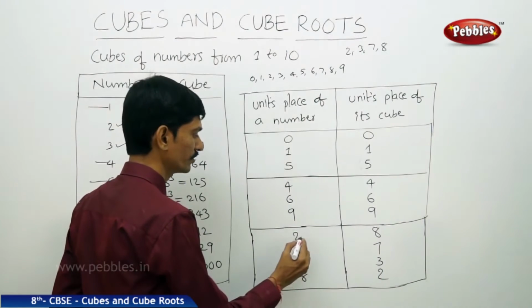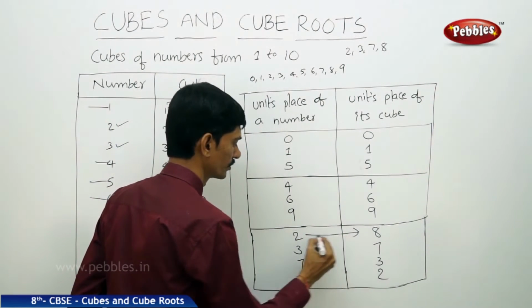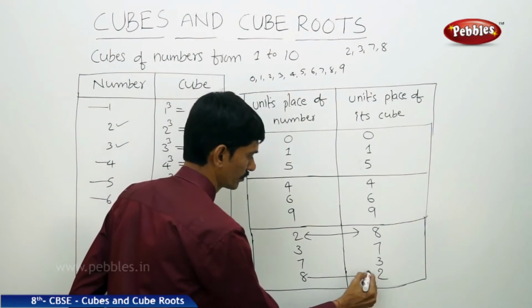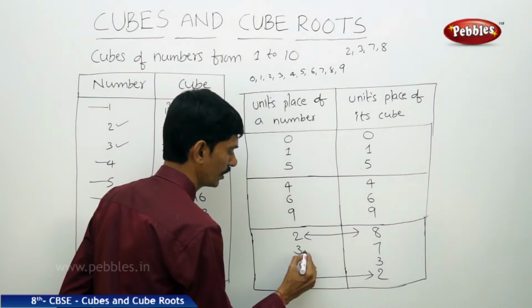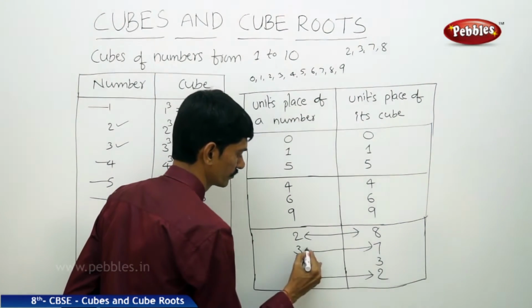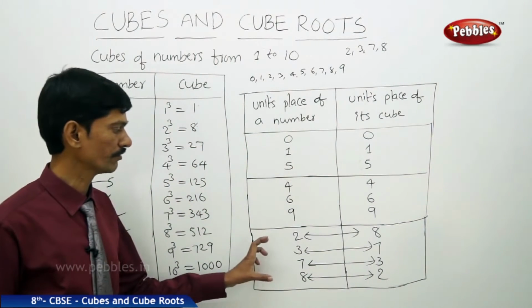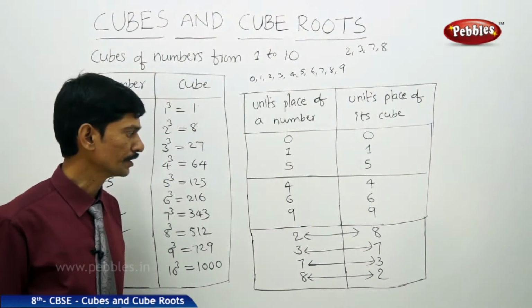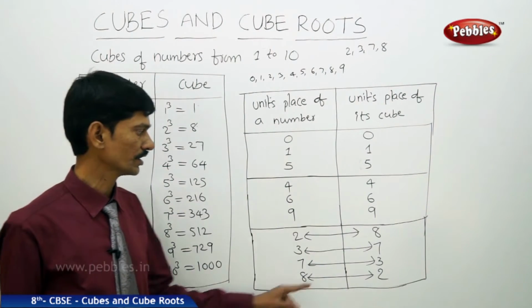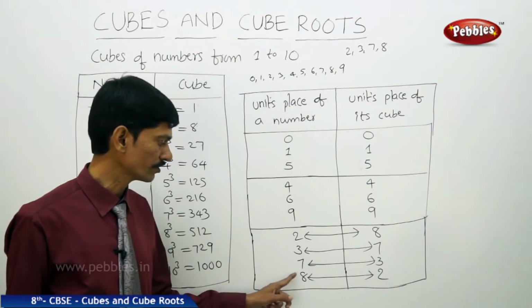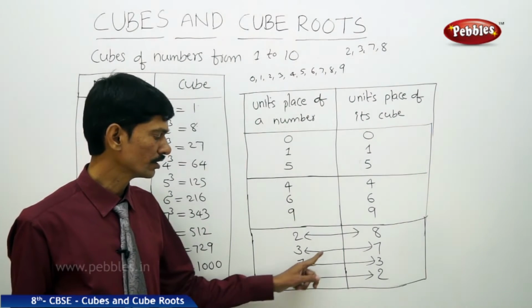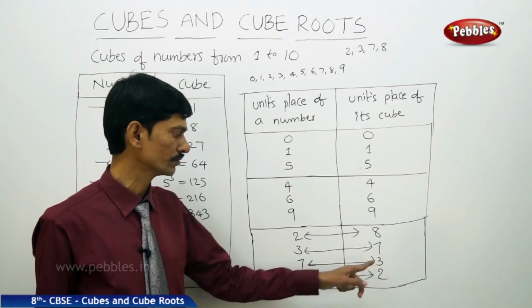Now here we can observe that 2 and 8, and 3 and 7. If the units place of a given number is 2, then the units place of the cube is 8, or if the units place of the given number is 8, then the units place of the cube is 2.